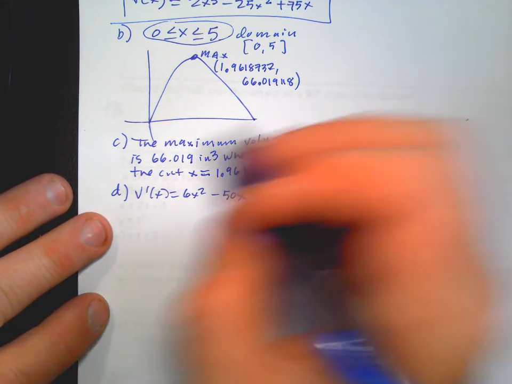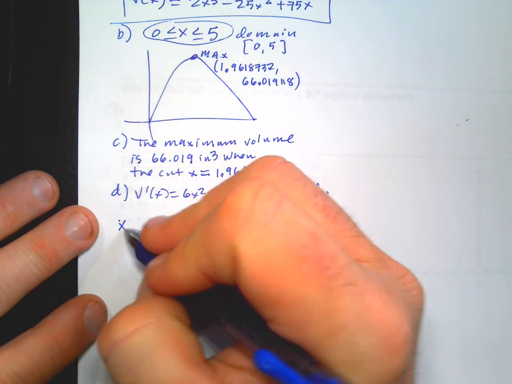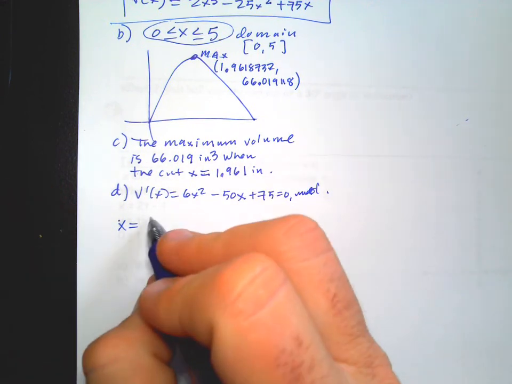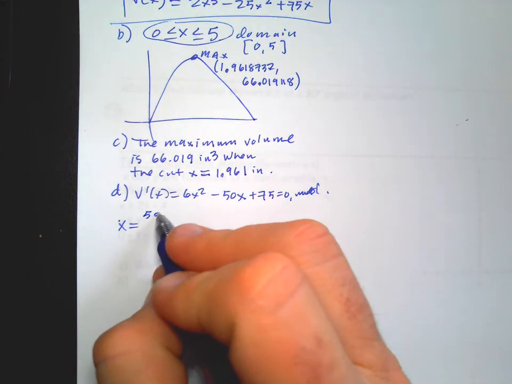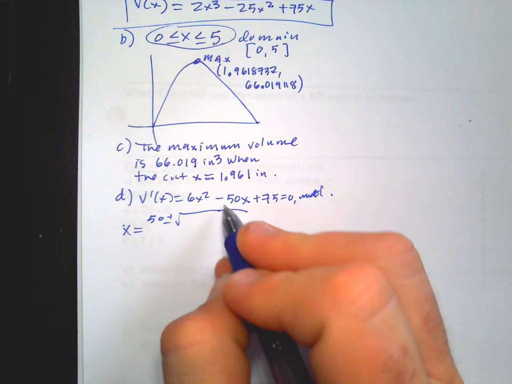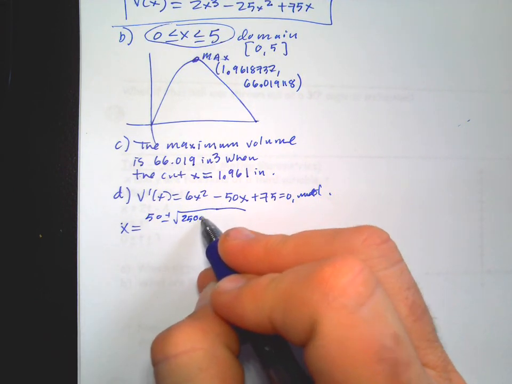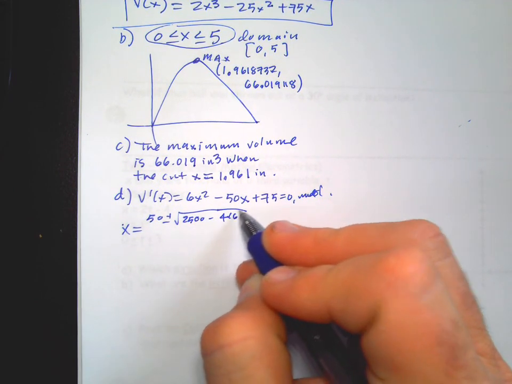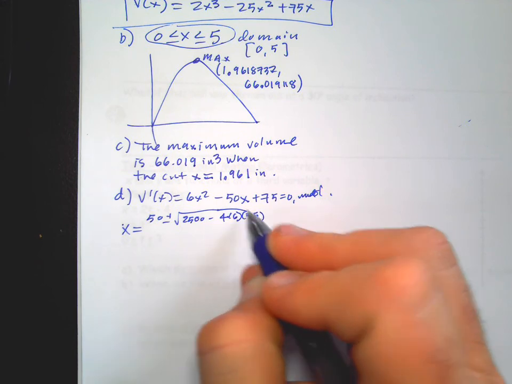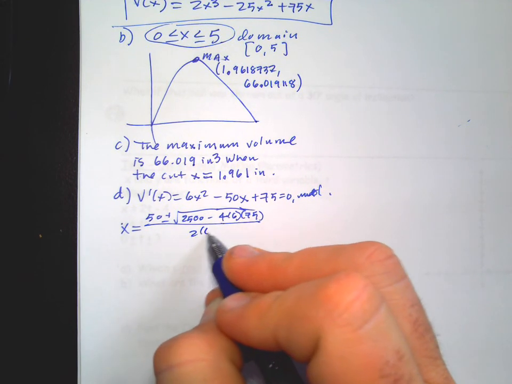We can't divide anything out. We could use the quadratic formula, negative b plus or minus the square root of b squared minus 4ac, all over 2a.